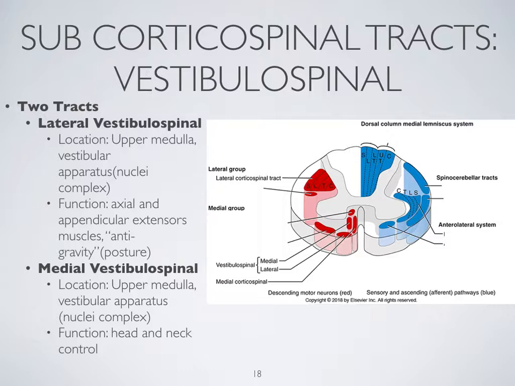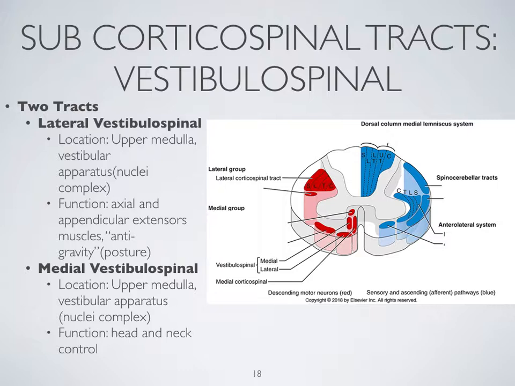And so there's two tracts within this one, and they're both located in the medial group of the vestibulospinal tract. So they're in a medial position in that anterior/ventral white column segment of our spinal cord. In the diagram we have that medial and that lateral arrow pointing to where they are in relation to that anterior median fissure.